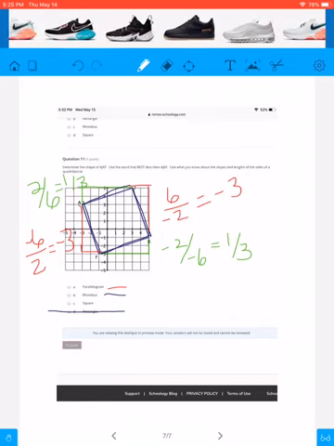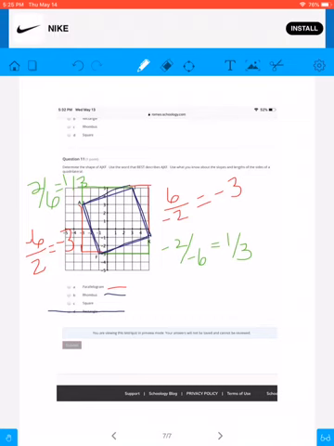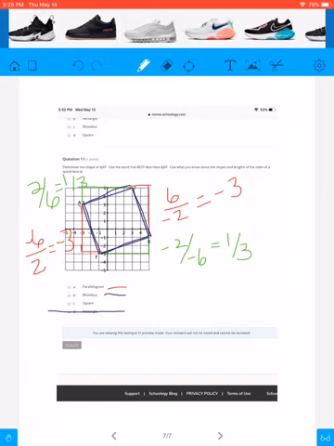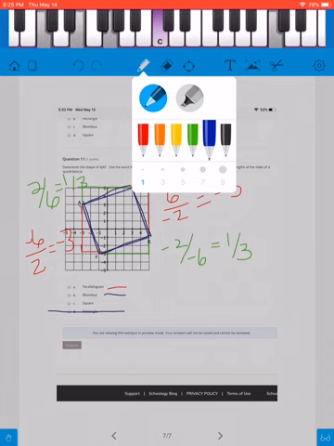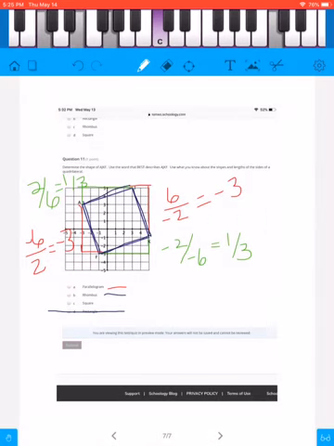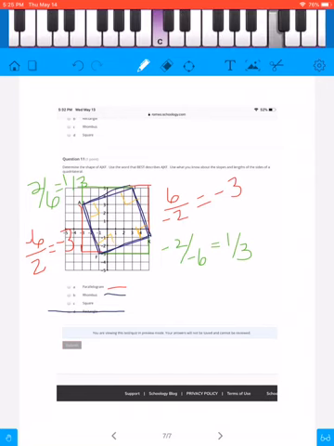Then we look at the slopes and we notice that the negative 3 and the 1/3 are opposite, and they're also reciprocal. So that means that the right angles would exist. And if the right angles exist because of opposite reciprocal slopes, then we can more specifically say that it's a square.